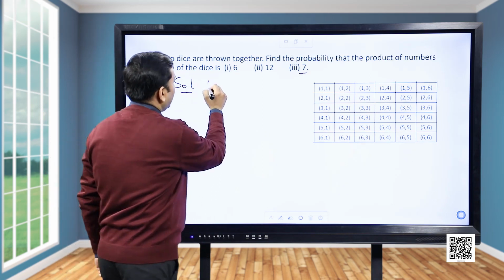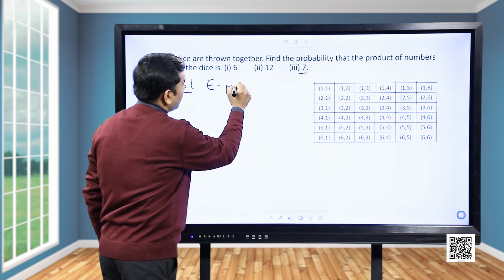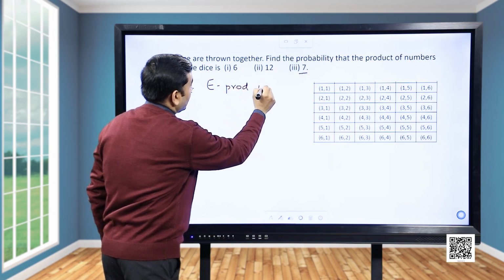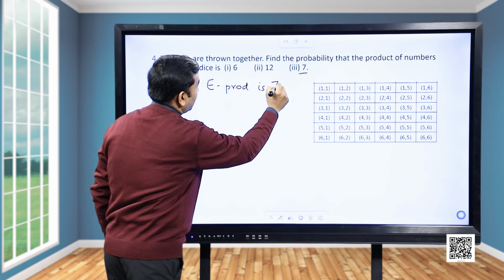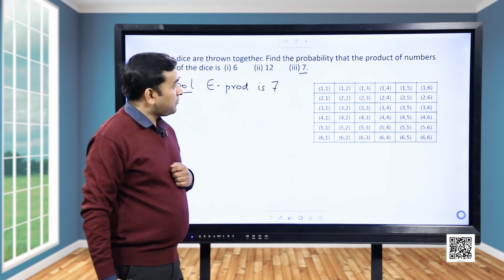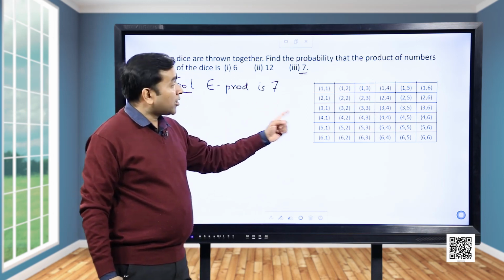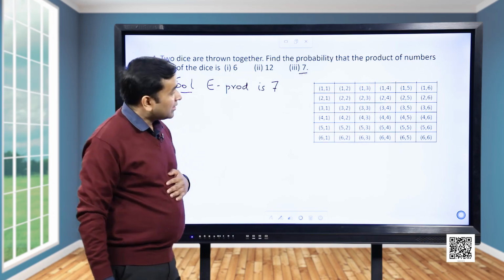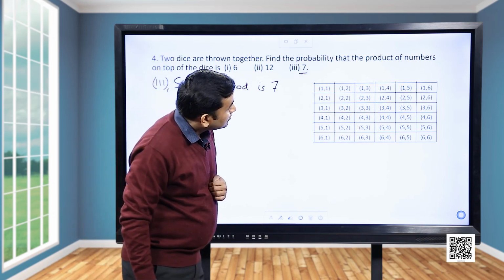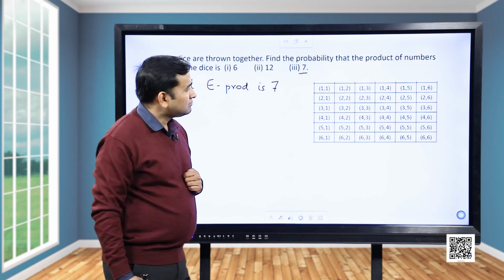Again, we consider E to be the event such that the product of numbers is 7. Again, have a look at this table. Can we find any outcome wherein the product of numbers is 7? Let us look at it carefully. I don't think so. Can you?